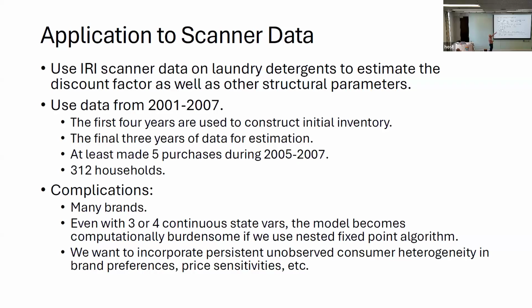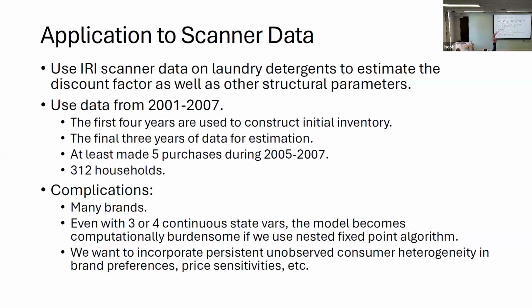So if your university has it, you may be able to get access to it free of charge. We use the IRI data, and our data set is also made available through the replication package. The data lasts for 7 years, from 2001 to 2007. We use the first 4 years of data to construct the initial inventory, and then we use the final 3 years for estimation.